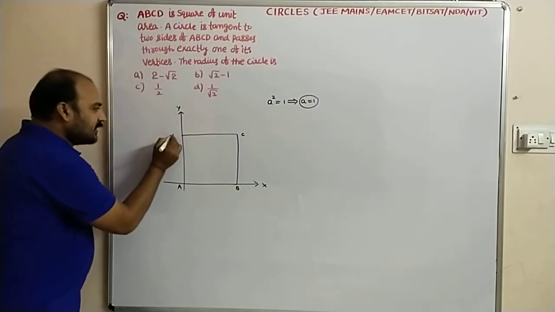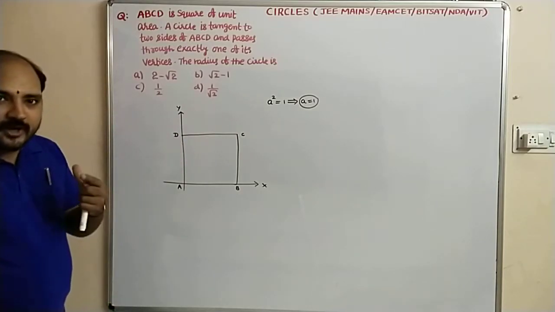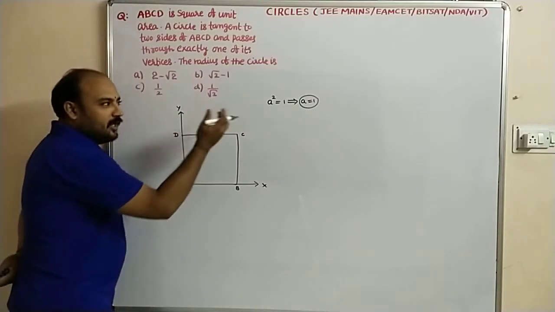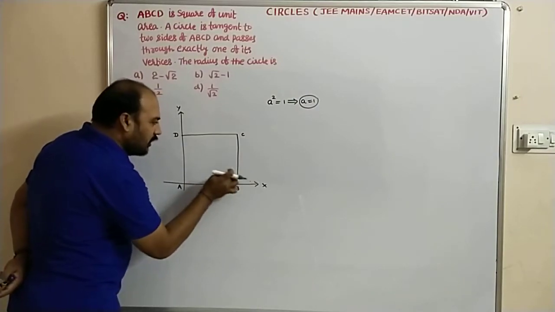So ABCD is a square of unit side. So unit area A is equal to 1, we got it, means each side is equal to 1 unit.